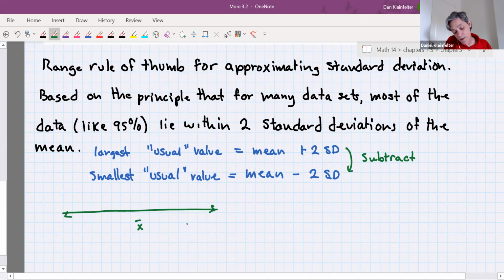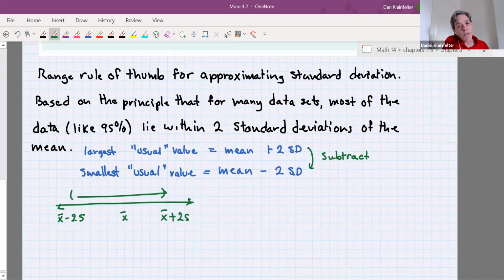If we went up to the mean plus two standard deviations, and then down to the mean minus two standard deviations, that interval would contain about 95% of the data. So the biggest commonly occurring value would be two standard deviations above the mean, and the smallest would be two standard deviations below the mean. That's what these two equations, in blue, are referring to.